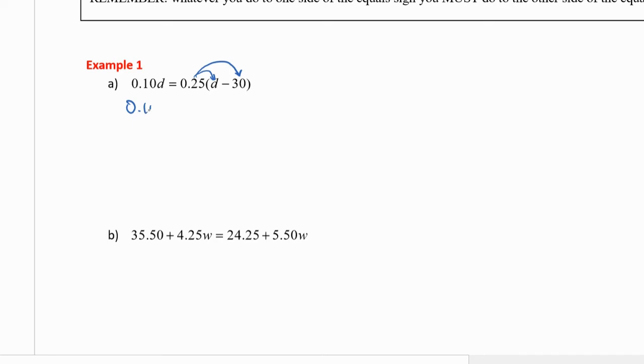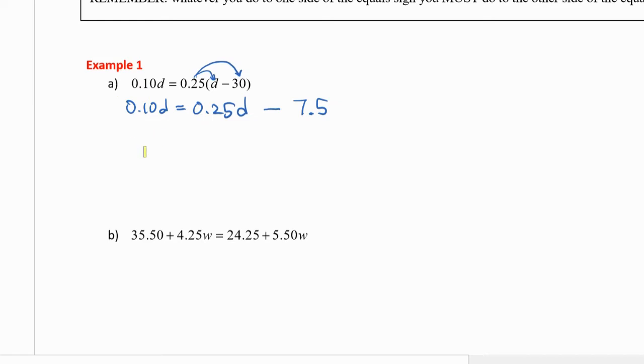So 0.10d equals 0.25 times d, times is hiding here, minus 0.25 times 30, that's 7.5. Now we have the variable on both sides. That means we have to get rid of one of the variables.